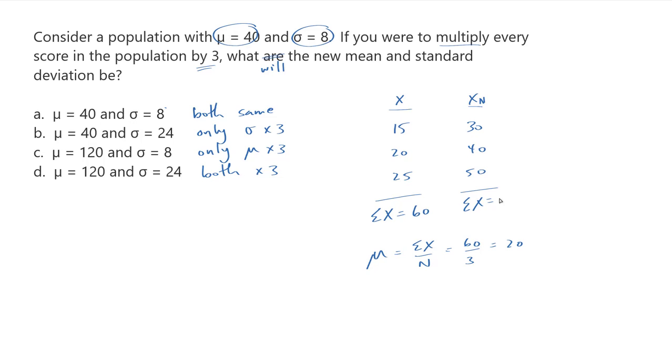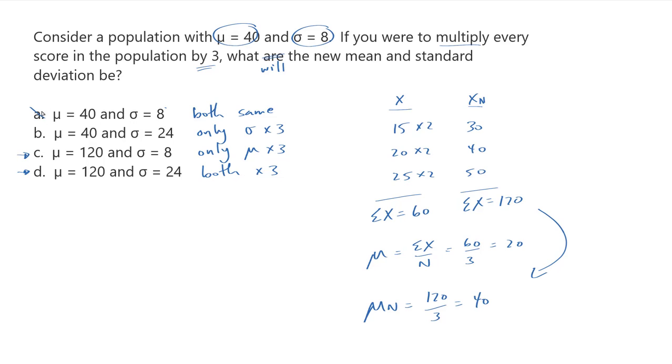It's going to be 30, 40, and 50. This makes 120. So my new average is going to be 120 over 3. It's going to be 40. Compared with my old average, the new average has doubled. I doubled all of the values, and that ended up doubling the average. So we know that the mean will be affected.